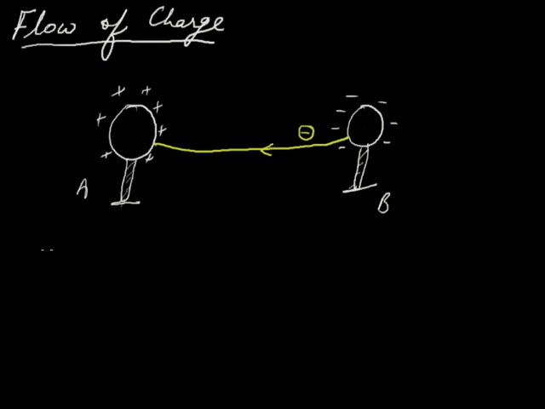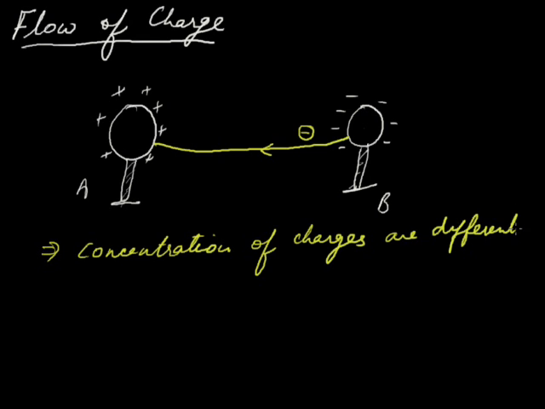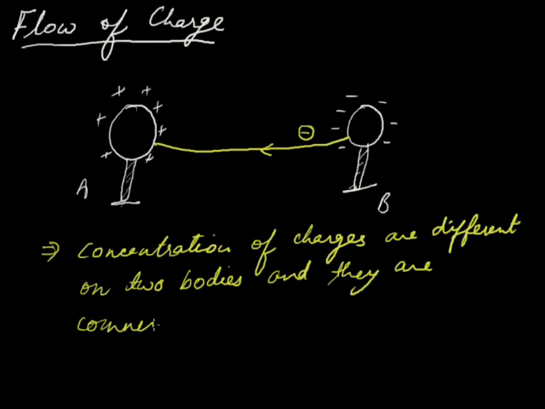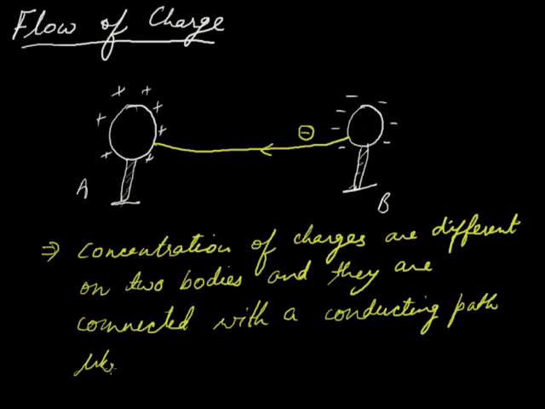So we see that whenever the concentration of charges is different on two bodies and they are connected with a conducting path, the charge starts to flow.